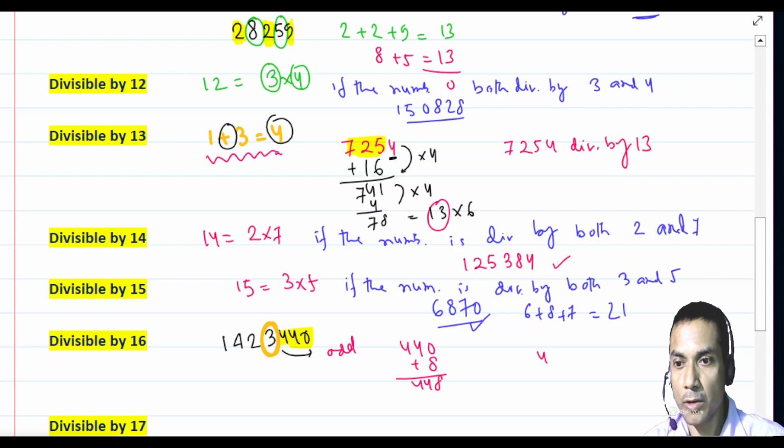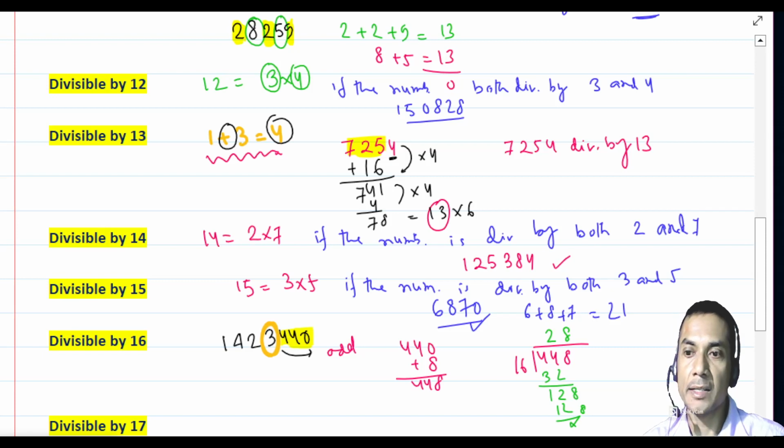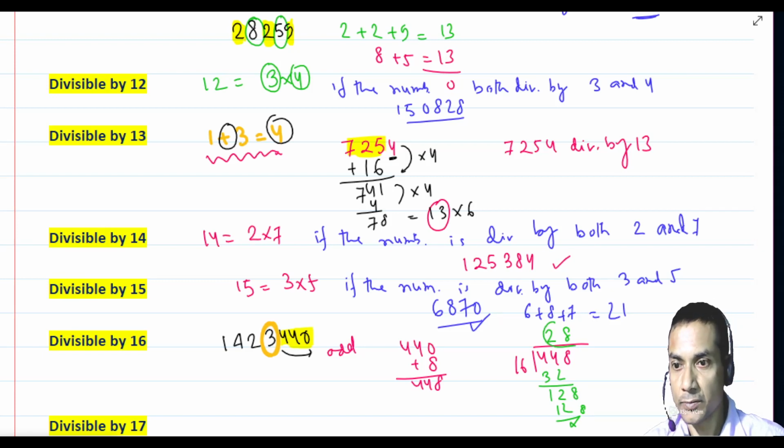Now you have to check whether 448 is divisible by 16 or not. Clear? So let's check it. 16 times 28 is 448. So it is divisible by 16.